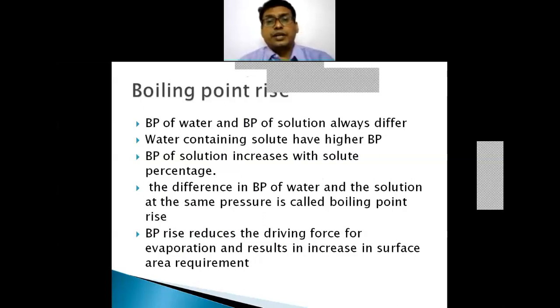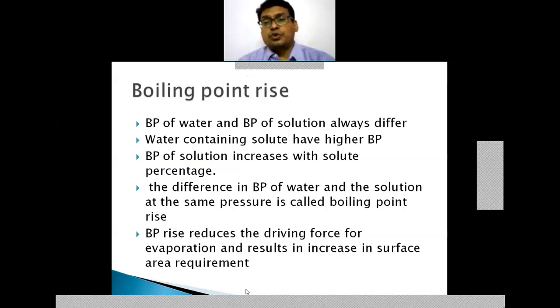Now the last term is boiling point rise. The boiling point of water and the boiling point of solution always differ. Water containing solute has a higher boiling point. Whenever you add a solute, the boiling point of the water increases.